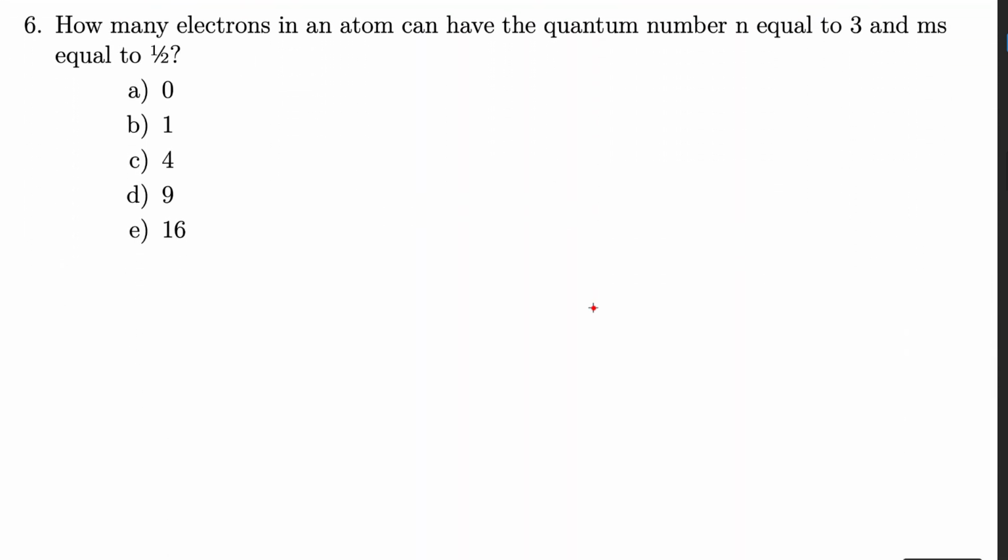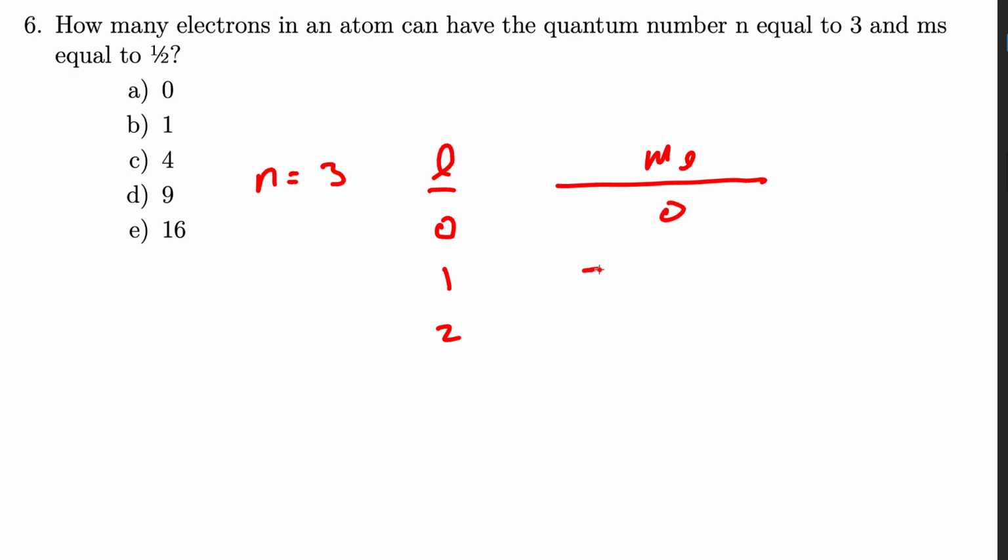How many electrons in an atom can have quantum numbers n equals 3 and m sub s equals 1/2? If n equals 3, then L could be 0, 1, 2. When L is 0, m sub L is 0. When L is 1, m sub L is minus 1, 0, plus 1.